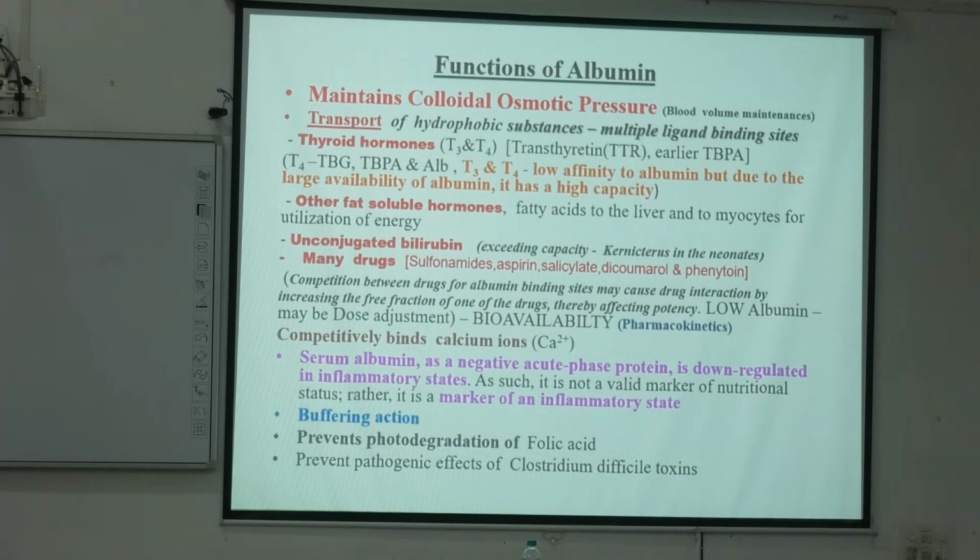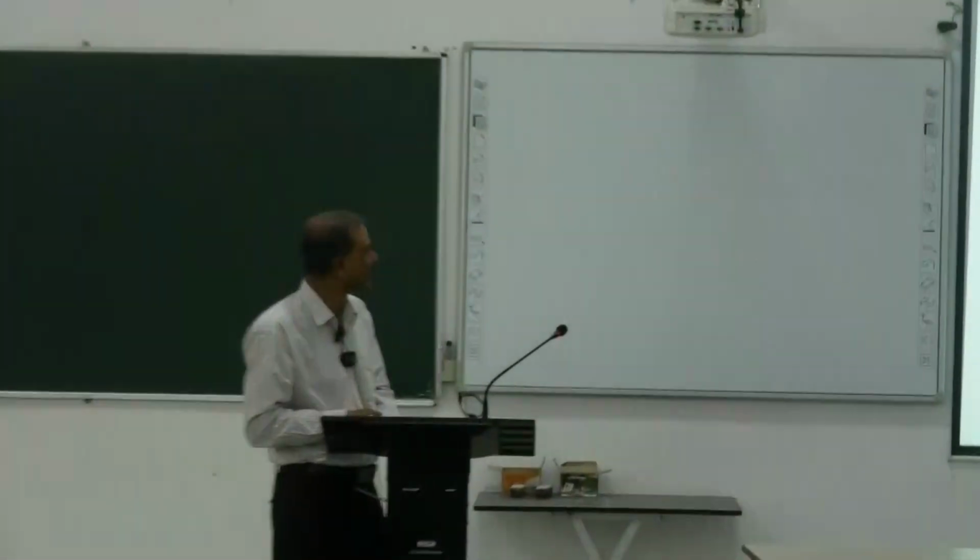So the functions of albumin, you must remember, you have to just note down. First, it maintains colloidal osmotic pressure or oncotic pressure. Transport of hydrophobic substances which are not soluble in water, with multiple ligand binding sites. Thyroid hormones: although for thyroid hormones we have thyroxine binding globulin, a part of T3 and T4 is transported by albumin, and for T4 binding there are TBG and TBPA.